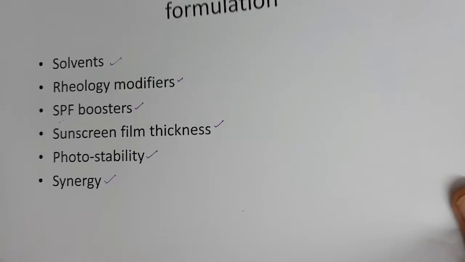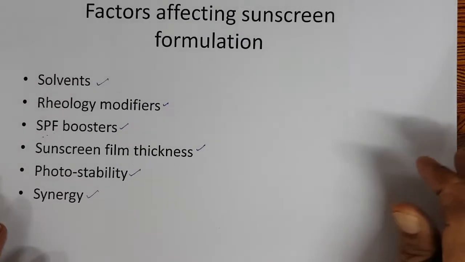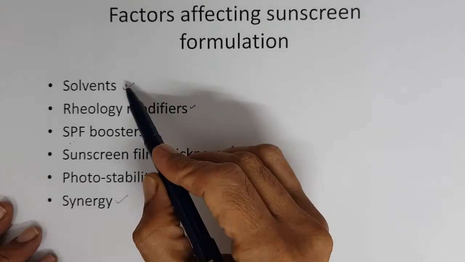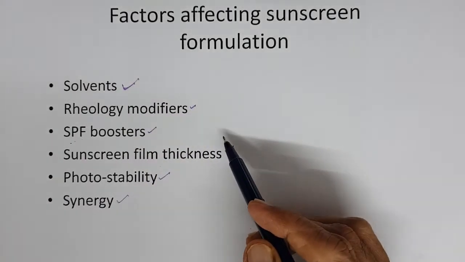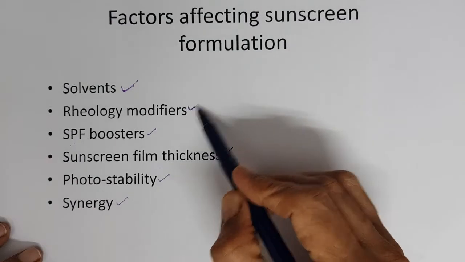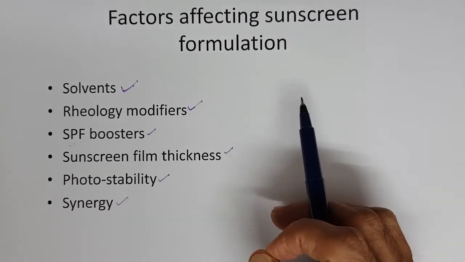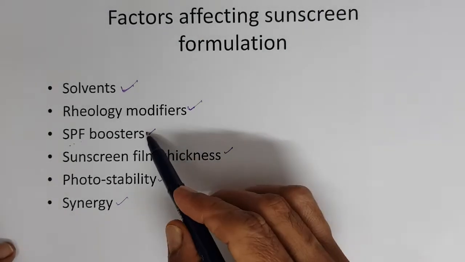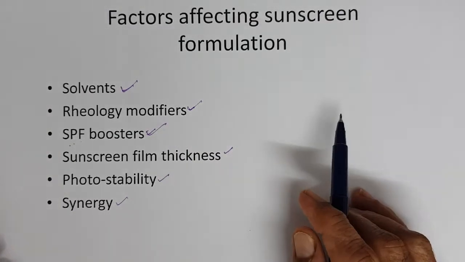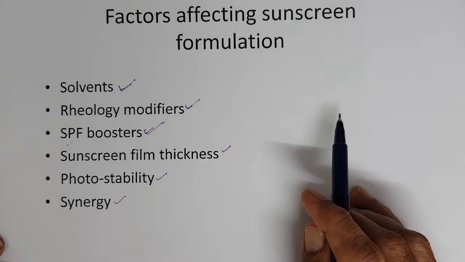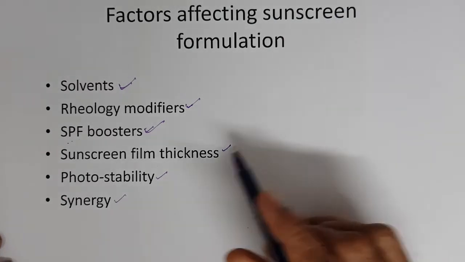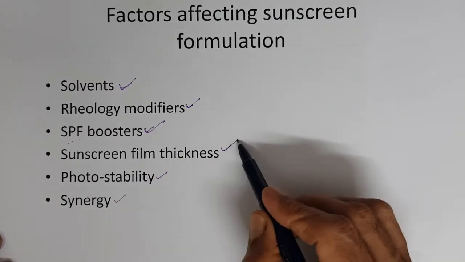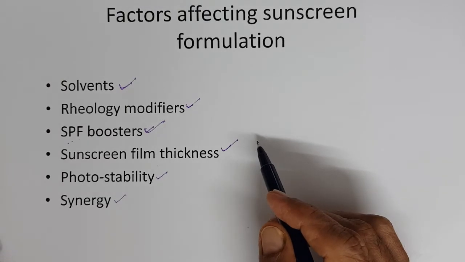So while formulating the sunscreen formulations, again I am telling you, solvents for sunscreens, very, very critical. Rheology modifiers, what rheology modifiers used in the formula, very, very important. You can use SPF boosters to optimally utilize the sunscreens added. Sunscreen film thickness is very, very important.